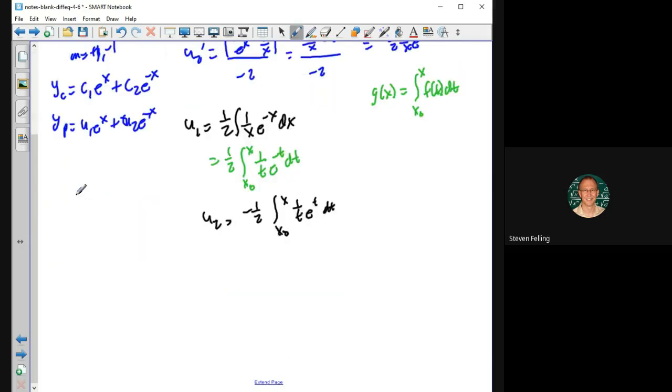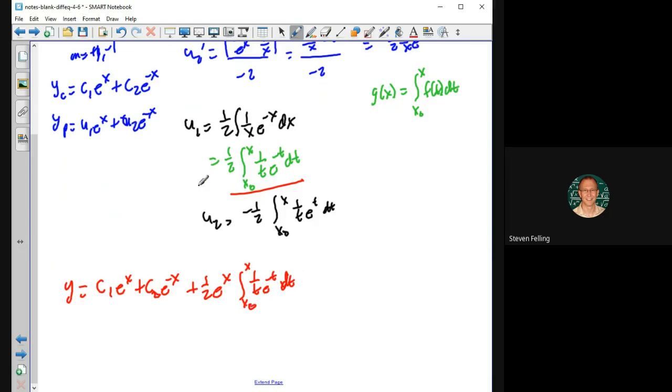So that means our yp is all of that times, well, I'm just going to write out the final answer because there's a lot of writing here. So the final solution is our C solution for the homogeneous equation, plus 1/2 e to the x times an integral from x0 to x of 1 over t e to the negative t dt.